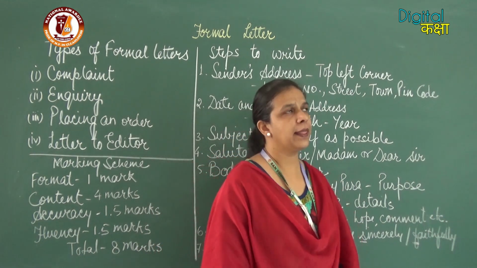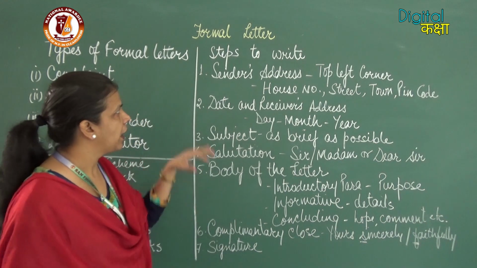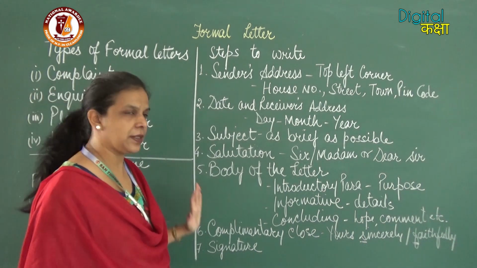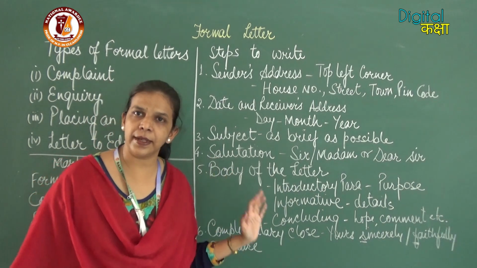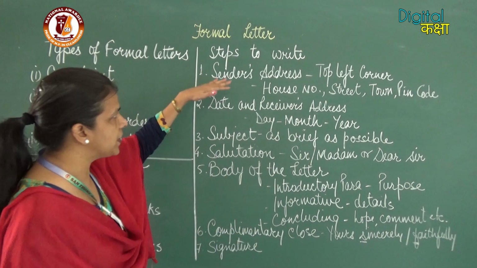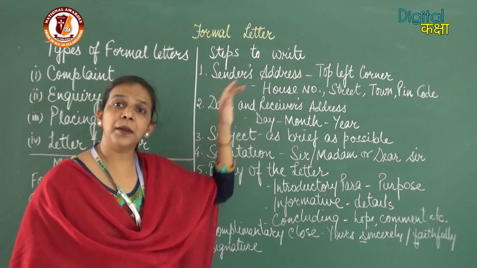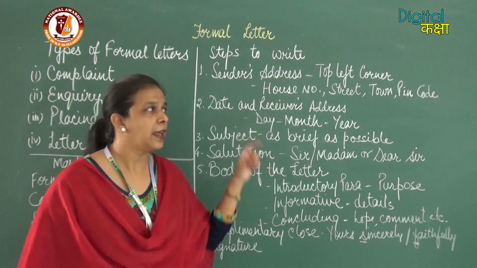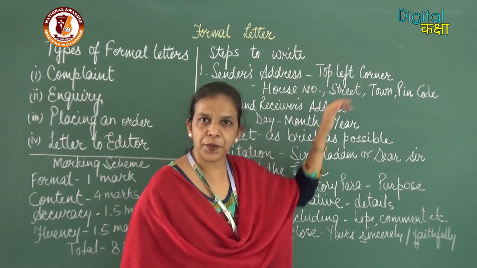Let us see the steps to write a particular letter. There are 7 steps that help us to complete our letter. The first step is the sender's address. And the most important thing is that it is written at the top left corner of the page.